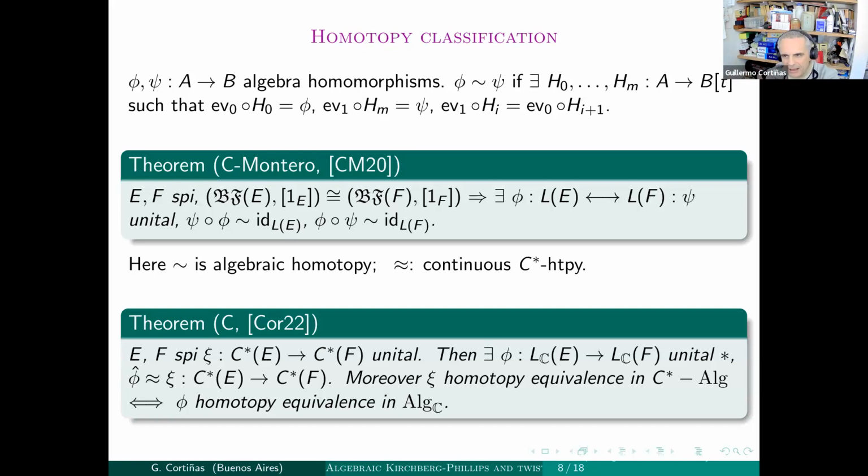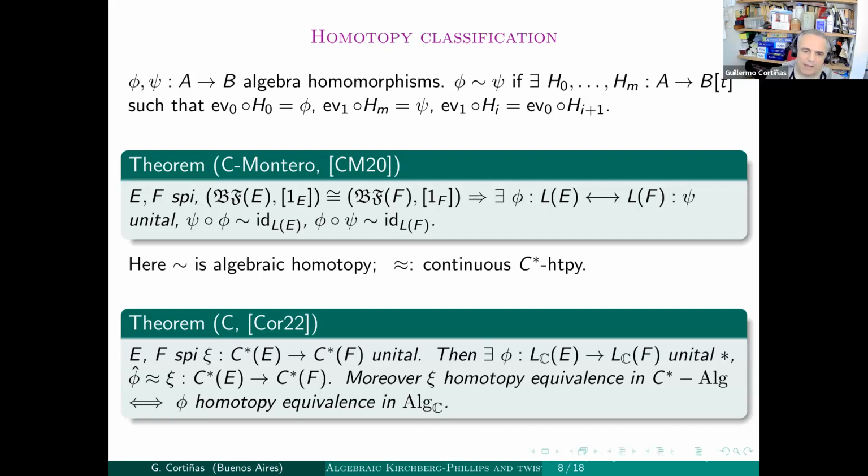So KK of A, B, for A and B Leavitt path algebras, or for A and B graph C-star algebras corresponding to SPI graphs, this coincides with the sets of homotopy classes of algebraic homomorphisms. So that's why I need E and F to be SPI.